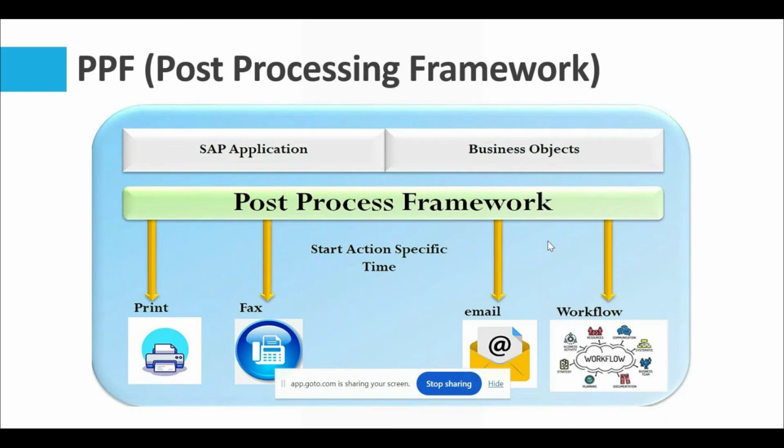One of the important things is the method call. Apart from just printing, this PPF transaction provides an opportunity to process some logic whenever a document is created or saved. So we have something called a method call in PPF.